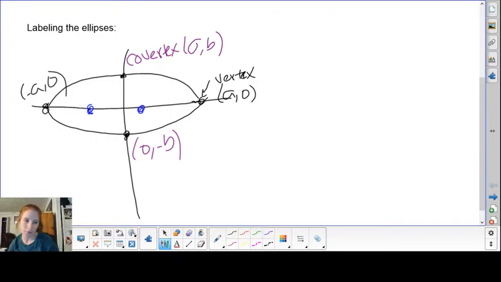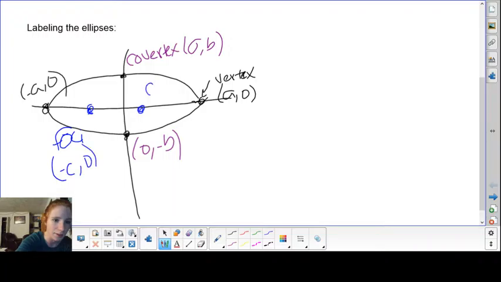Since the vertices are in the x-coordinate, the foci are also going to be in the x-coordinate. So I have (negative c, 0) and (c, 0).